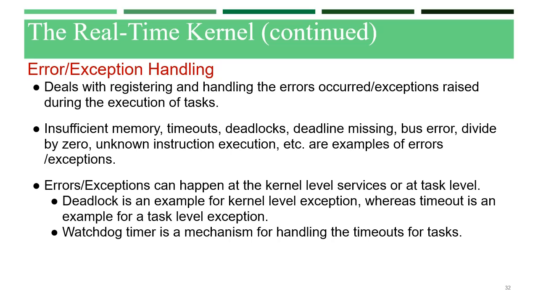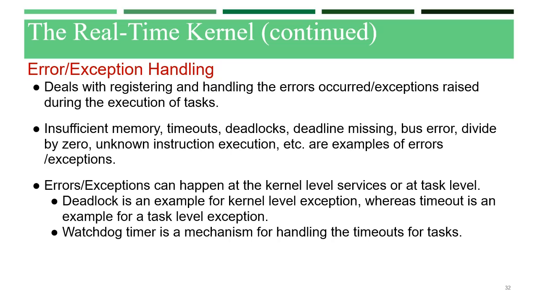We'll discuss deadlocks and deadline missing in the coming topics. Errors or exceptions can be handled at the kernel level services or at the task level. Deadlock is an example of a kernel level exception, whereas timeout is an example of a task level exception. The OS kernel gives the information about the error in the form of a system call.